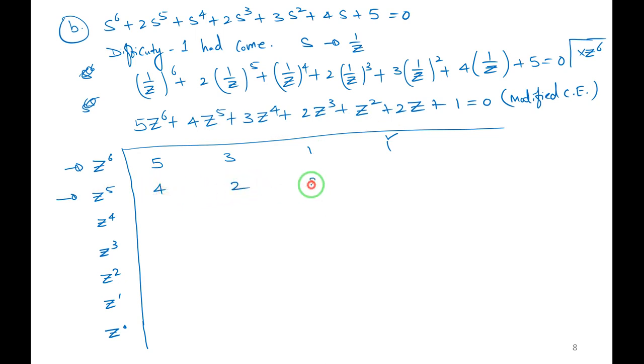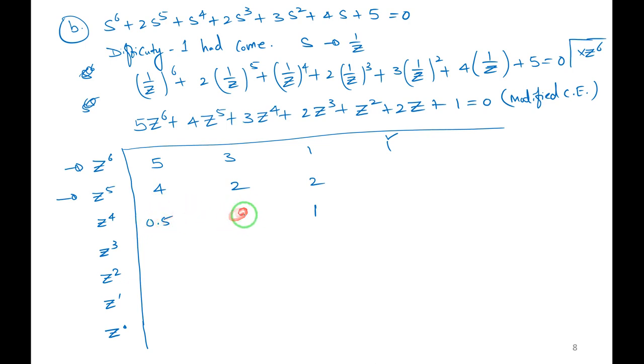Let me check once again. 4 2 2, yes, fine. 4 elements, 3 elements, the next 3 elements will be coming here. This constant term will be taken here. Let me calculate these 2 elements. 4 into 3 is 12, minus 5 into 2 is 10, so 2 divided by 4, I am getting 0.5 here.